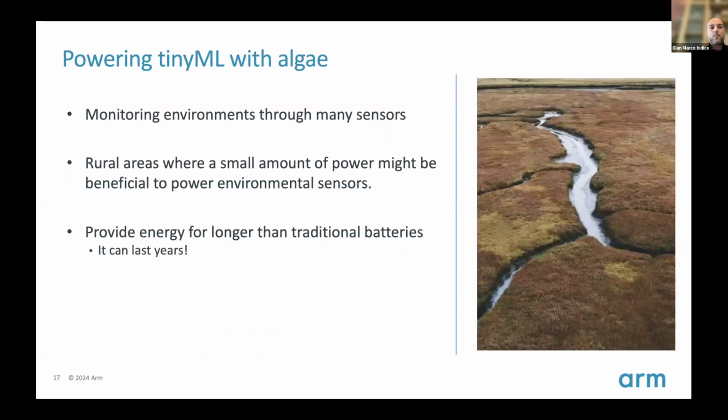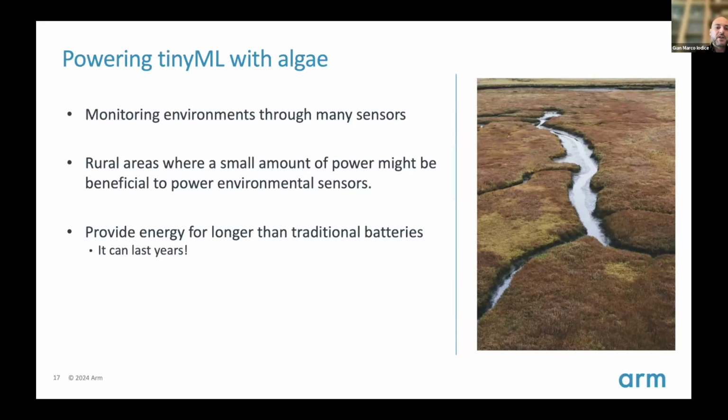So here we presented this project together, with the idea of trying to have a sustainable device. We wanted to build a device with the local algae. Try to imagine having these devices, for instance, in remote regions, and we didn't want to use batteries, maybe using the algae from the river of that region.